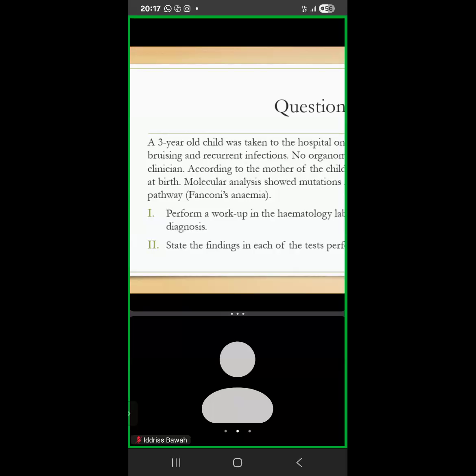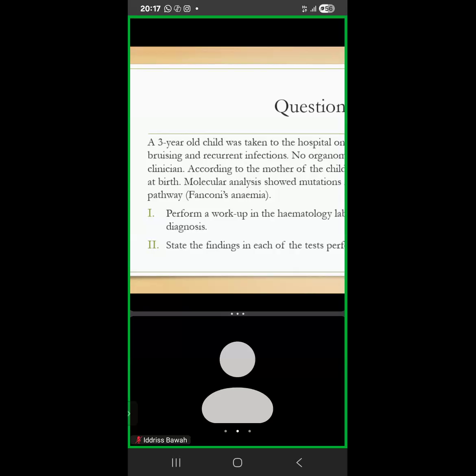That is why this child has all of these things that we have talked about, the pancytopenias. It is the information that has been given that will make us draw a conclusion, because we have seen peripheral pancytopenia, we have looked at bone marrows, and we have looked at cytogenetics, and then we want to conclude.